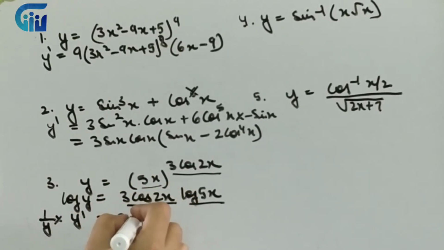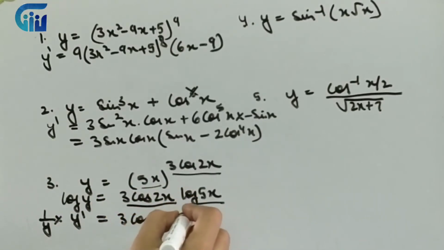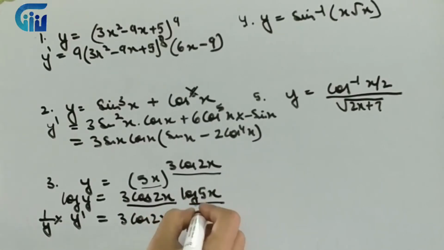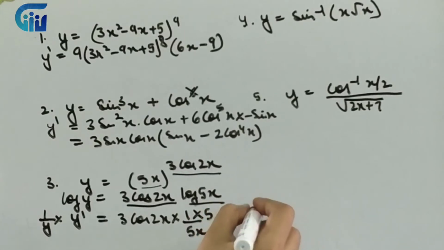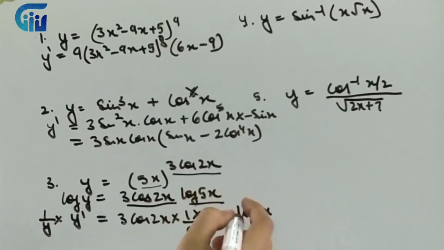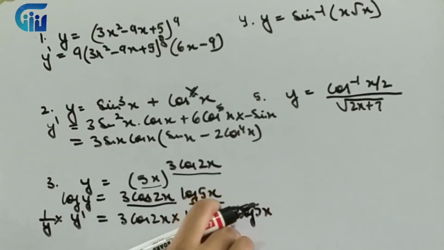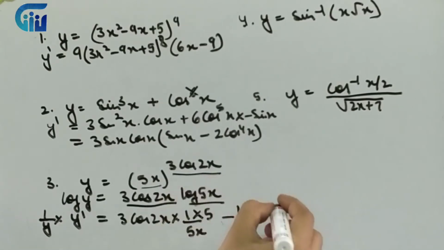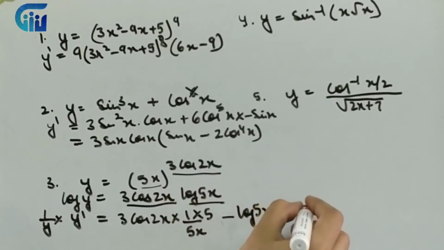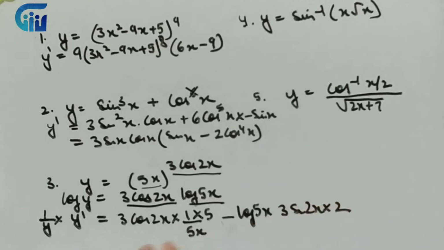Product rule: 3 cos 2x as it is, log 5x, derivative is 1 upon 5x. Then by chain rule, the derivative of 5x is 5, plus log 5x as it is into minus 3 sine 2x into 2, right? Then we will just multiply y over there and put the value of y. So this is how we will be solving this question.